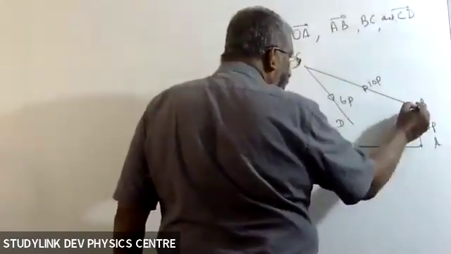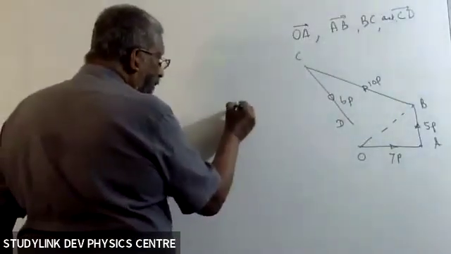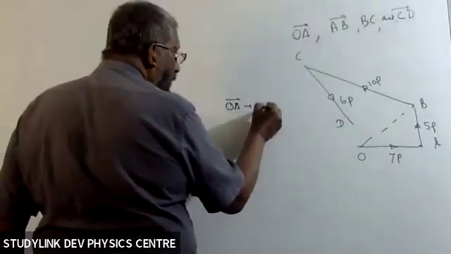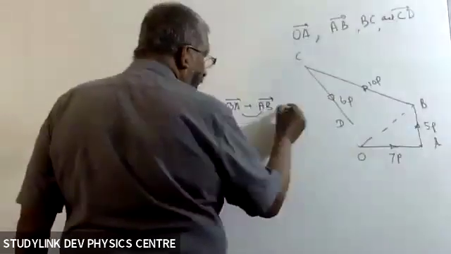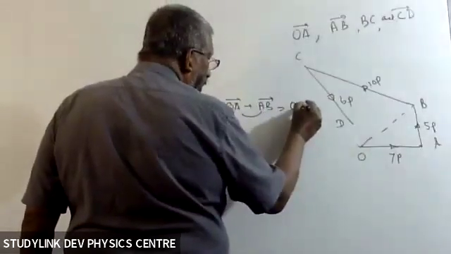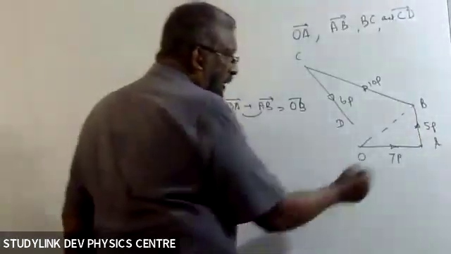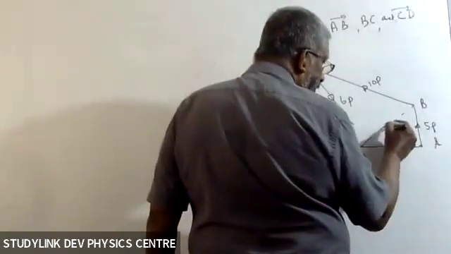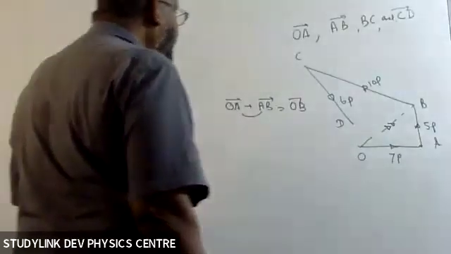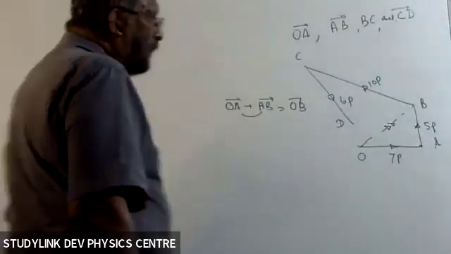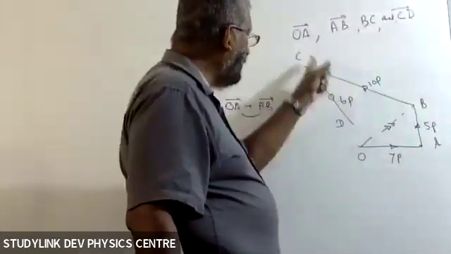So we'll start with this. The vector OA plus vector AB. These two together give OB. Correct? In the triangle, you get OB. The resultant of these two is equal to this. Again we can add these two, then you get another one.